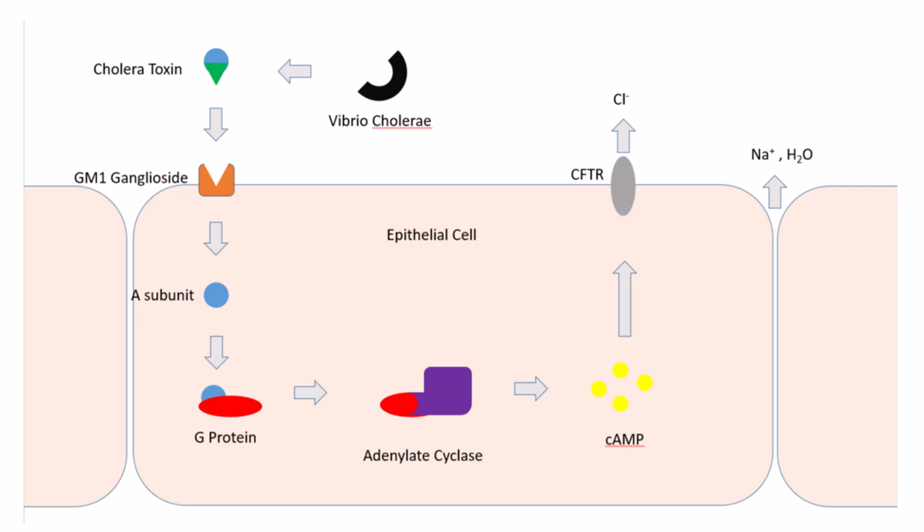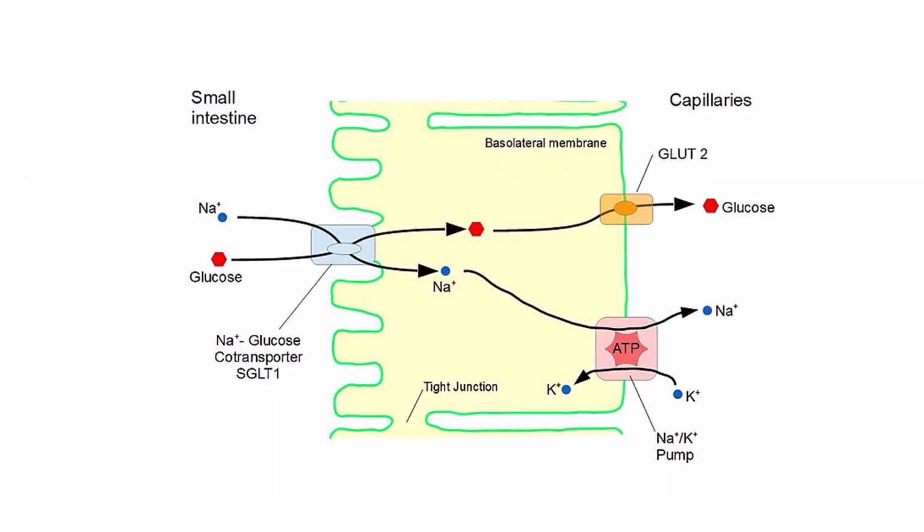So what is the principle behind this ORS? So ORS, it utilizes the glucose and sodium symporter mechanism or the co-transport mechanism of the small intestine to facilitate water absorption. Now how is it done?